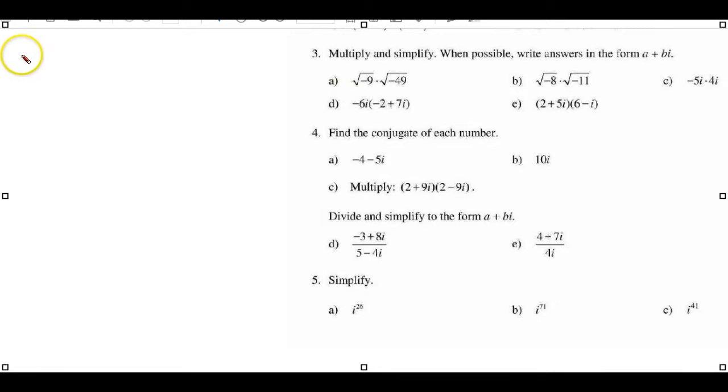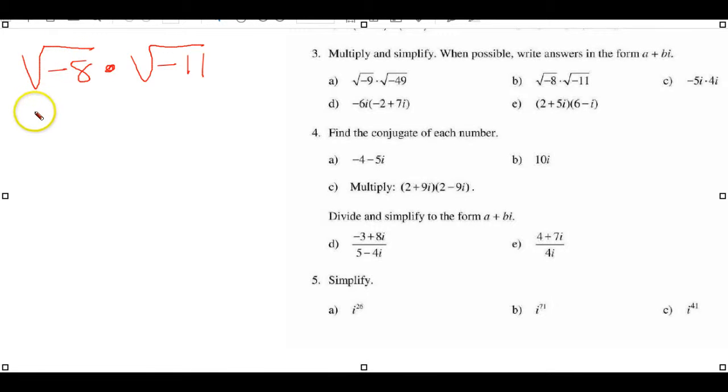we have the square root of negative 8 times the square root of negative 11. Another thing to keep in mind is if the index number of the radical sign is 2, then the negative underneath that indicates that this is an imaginary number.